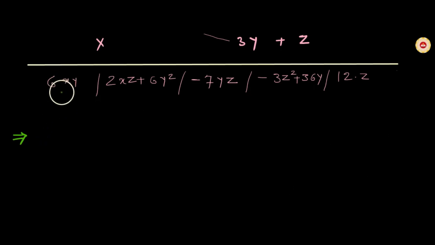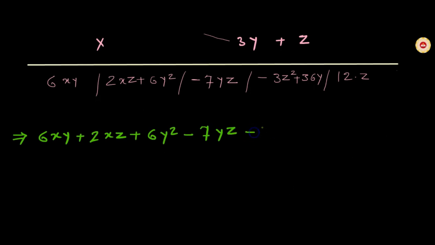Starting from the left side, 6xy plus 2xz plus 6y squared minus 7yz minus 3z squared plus 36y plus 12 multiplied by z, 12z.